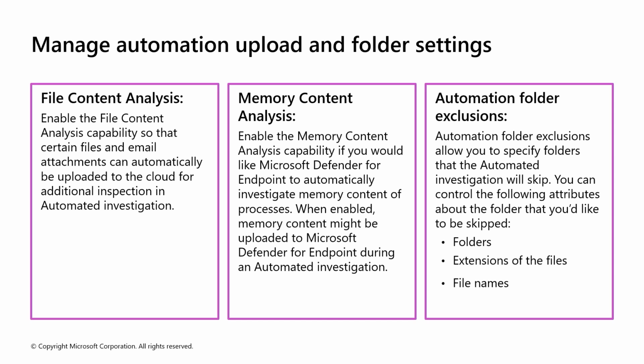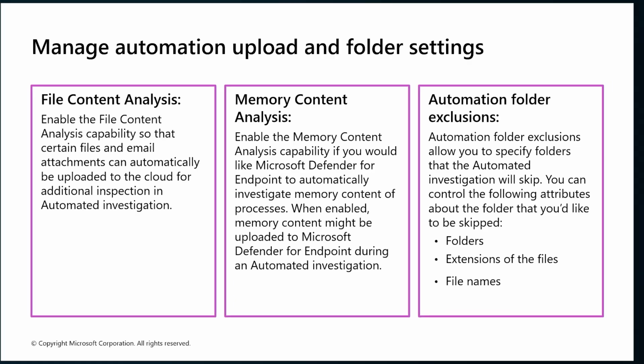Next is memory content analysis. This allows Defender to analyze the memory content of processes, again automatically, helping you catch in-memory threats that might not leave a file trace. And finally, there's automated folder exclusions. This gives us control over what folders, file types, or specific file names should be excluded from automated investigations, which is useful for avoiding unnecessary scans of trusted or sensitive directories.